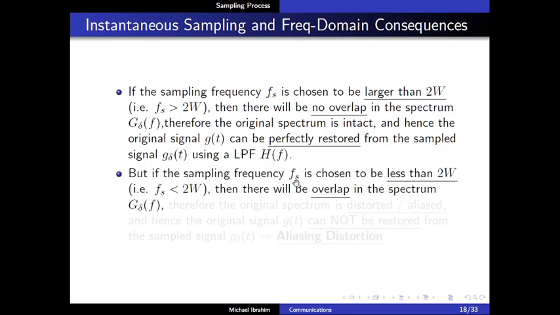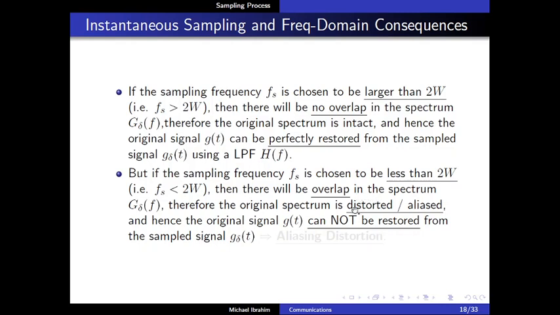But if the sampling frequency is less than 2W, there will be overlap in the spectrum. We will get a distortion called aliasing distortion, and the spectrum will be aliased, and we will not be able to reconstruct the original signal from the samples. We will talk about aliasing a bit more later on.